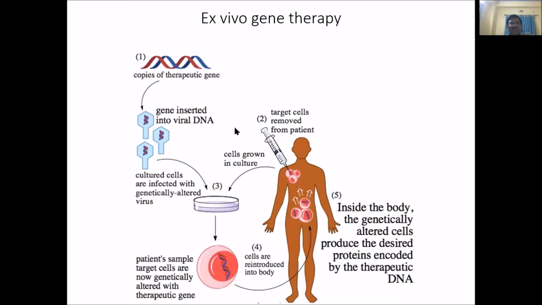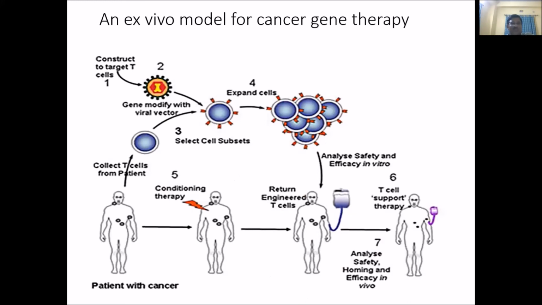I think you have many questions, but I would rather show you a typical model for ex vivo cancer gene therapy. What is done here? You first construct a therapeutic target gene against any cancer, say melanoma or lung carcinoma.